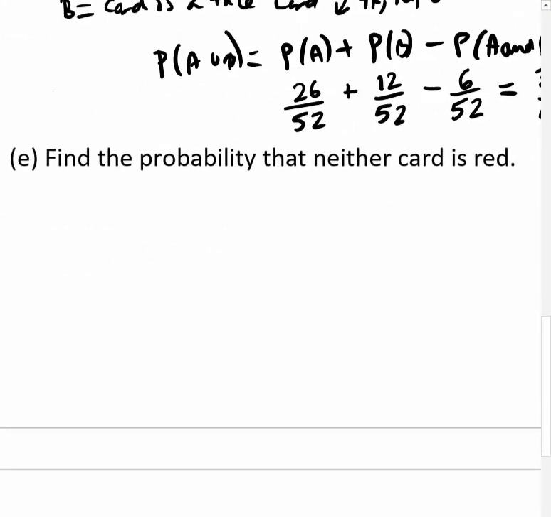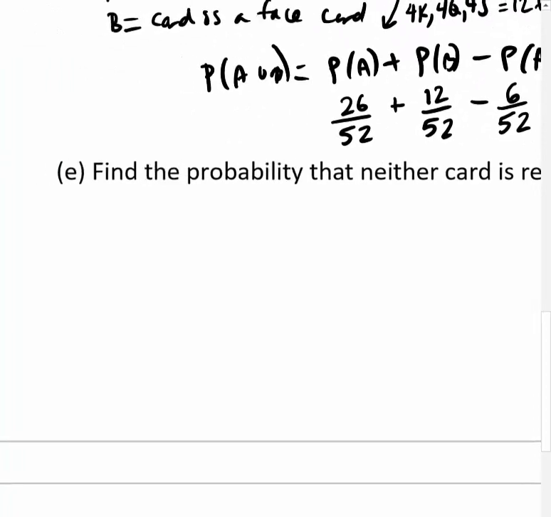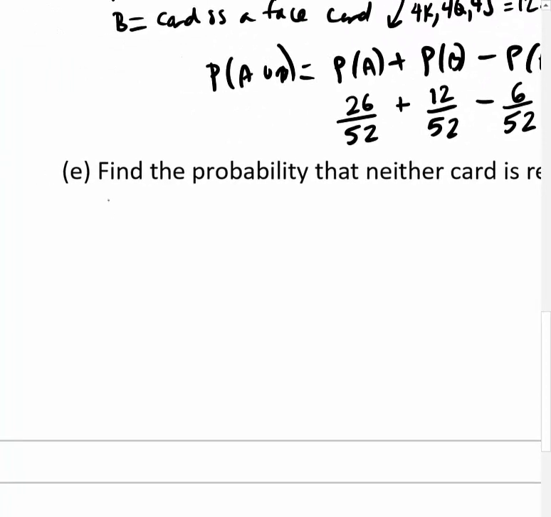Yeah, okay. The last part of this problem: find the probability that neither card is red. Okay, so that's a little weird. I guess we're saying event A is that the first card is... You know what?